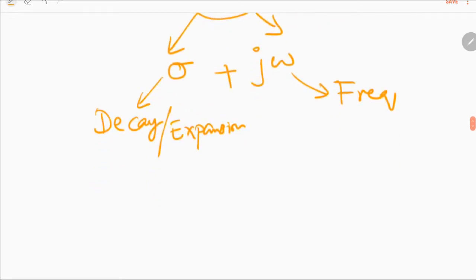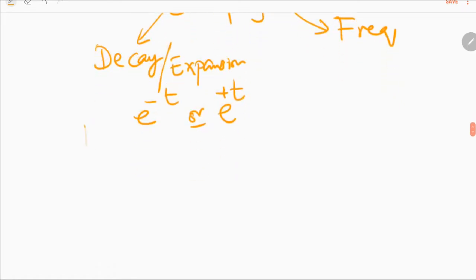The decay or exponential is denoted by e power minus t. This is the decay, or e power plus t if the signal increases, right? If we look at the graph, e power minus t is like this, and e power plus t is like that.